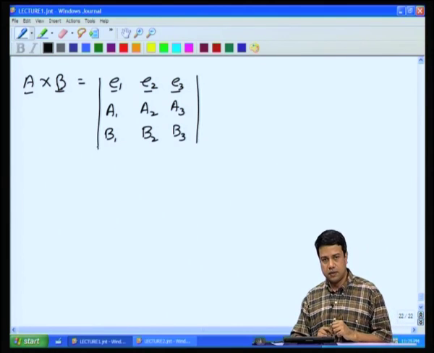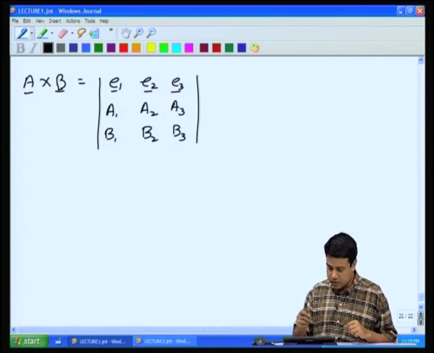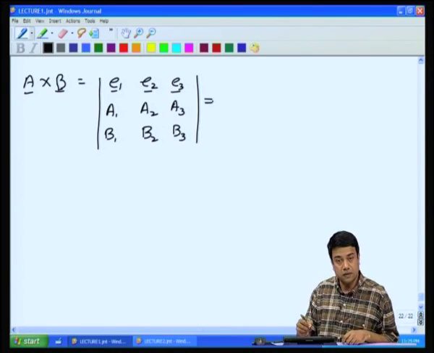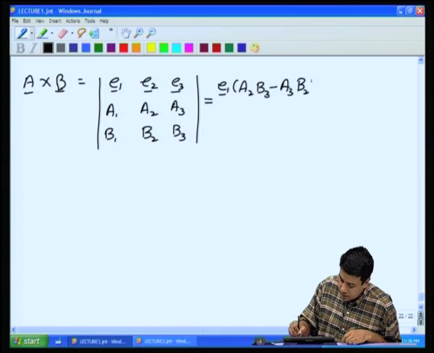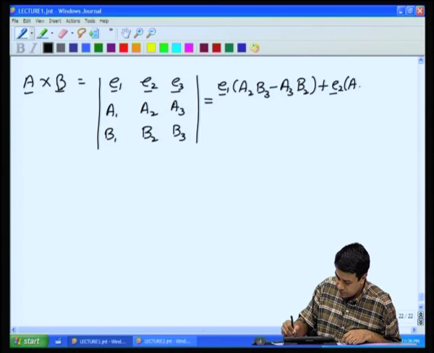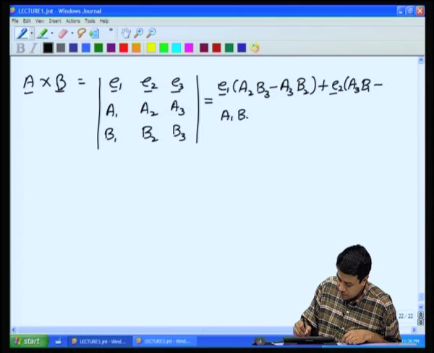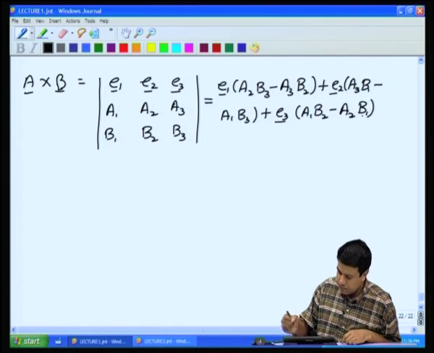You take the determinant of that matrix and you will get a vector, which is E 1 into A 2 B 3 minus A 3 B 2 plus and so on.